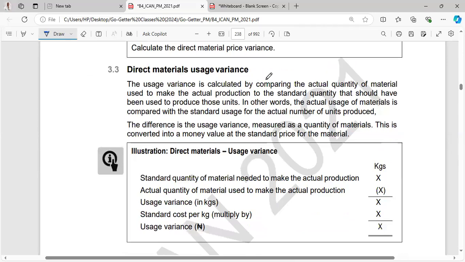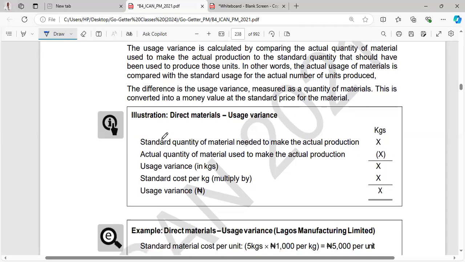The usage variance is calculated by comparing the actual quantity of material used to make the actual production to the standard quantity that should have been used to make those units. In other words, the actual usage of material is compared with the standard usage for the actual number of units produced. The difference is the usage difference.